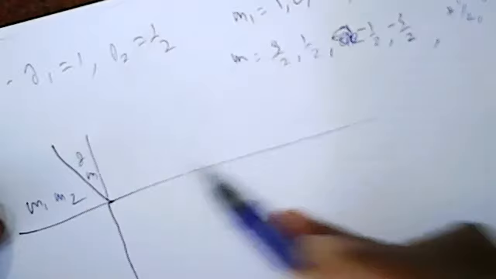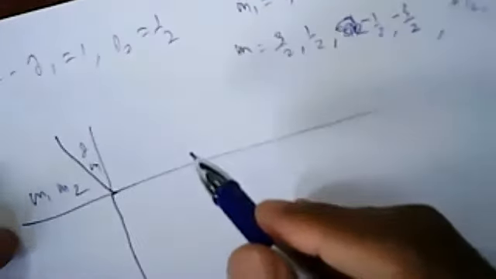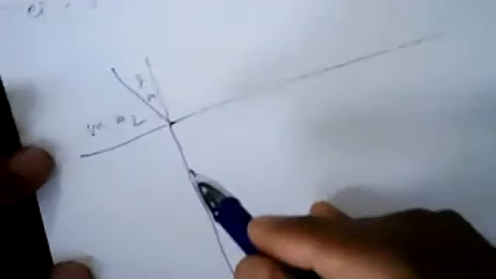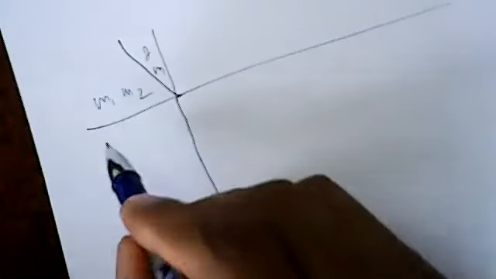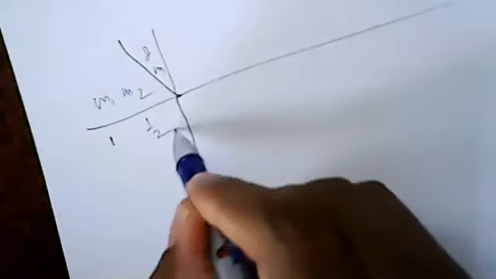Now you draw the diagram, the Clebsch-Gordan matrix. These are the M1, M2 values, and these are the JM values. I will write the M1, M2 values in order: 1, half; 1, minus half; 0, half; 0, minus half; minus 1, plus half; minus 1, minus half. So these are in order.